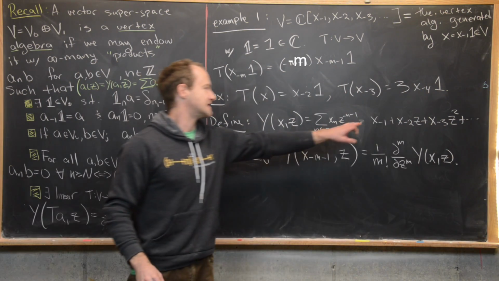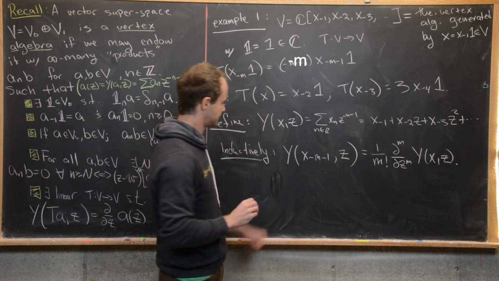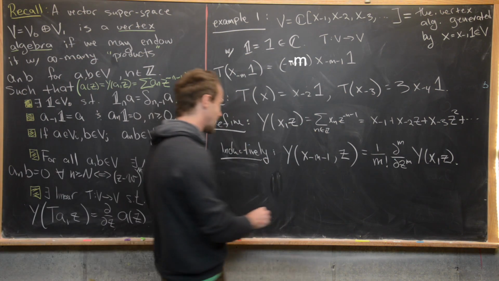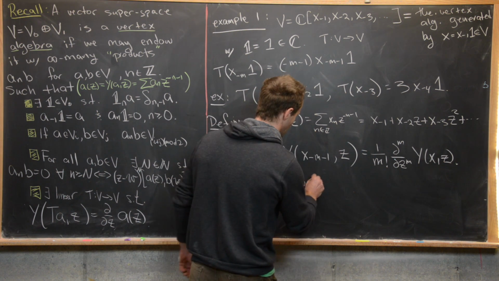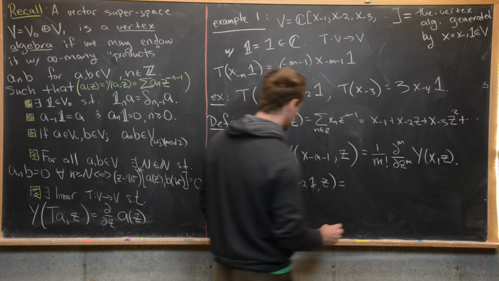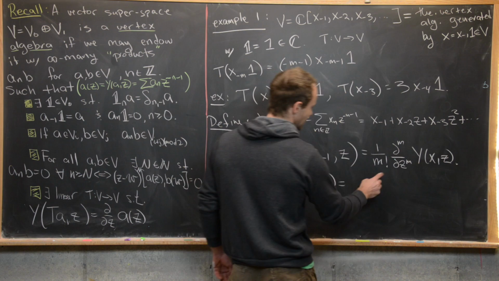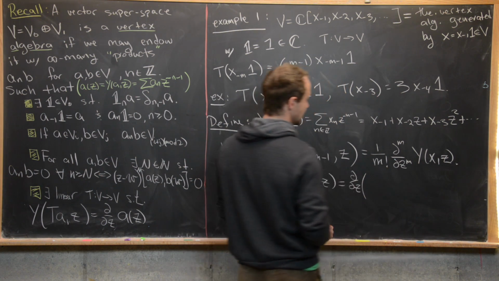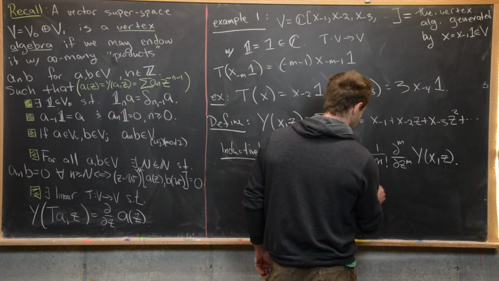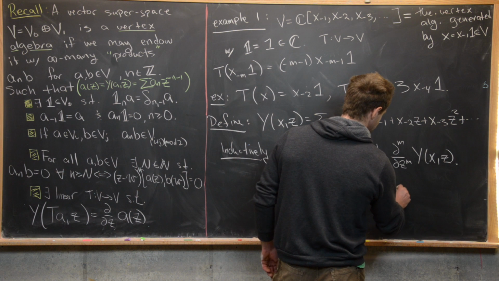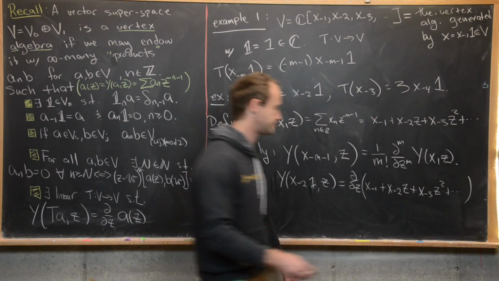So in other words, it's the mth derivative of this guy right here. So as a quick example, we have Y of x_{-2} on 1, or the vacuum, of z, is going to be equal to, well, notice m is equal to 1 in that case. So we have 1 over 1 factorial, and then the first derivative with respect to z of Y(x,z). But now that's going to be this guy right here. So it's going to be the derivative of x_{-1} plus x_{-2} z plus x_{-3} z squared plus dot, dot, dot.